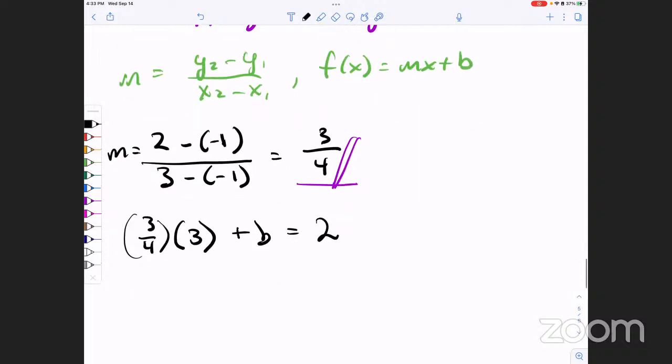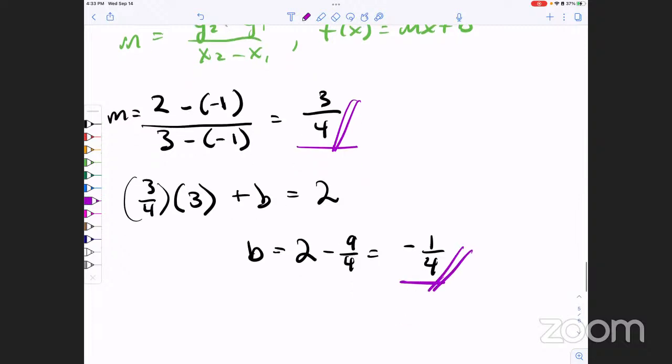So then ultimately, it's going to be 2 minus 9 over 4. Okay. 4 times 2 is 8. So minus 9 is going to be -1 by 4. Okay. So that's our y-intercept.